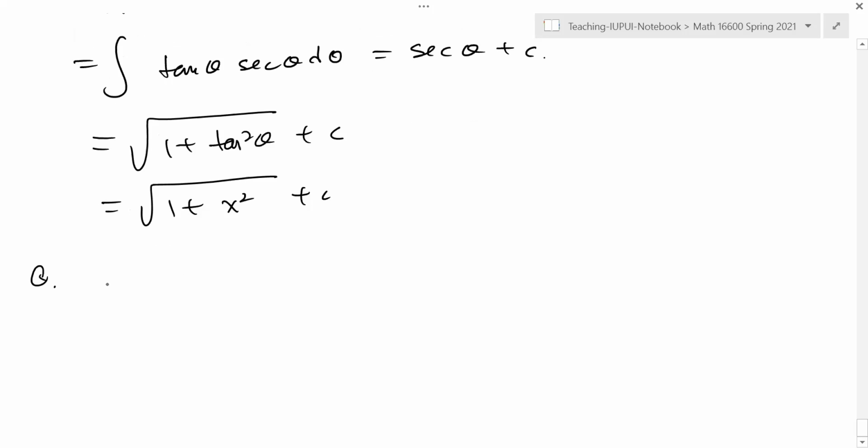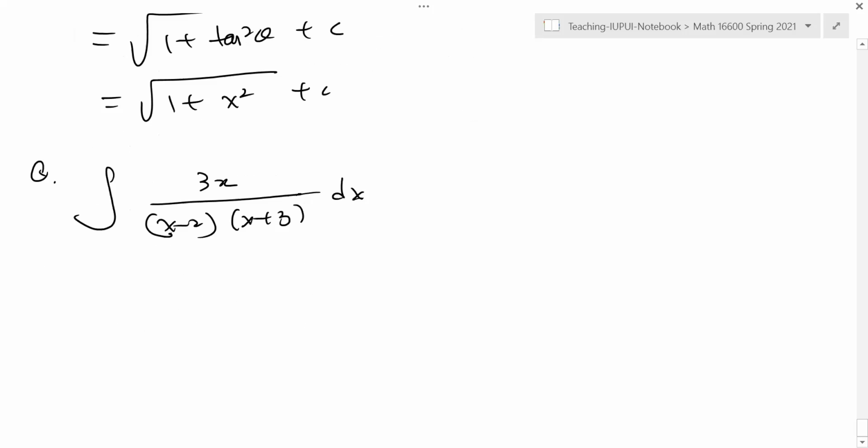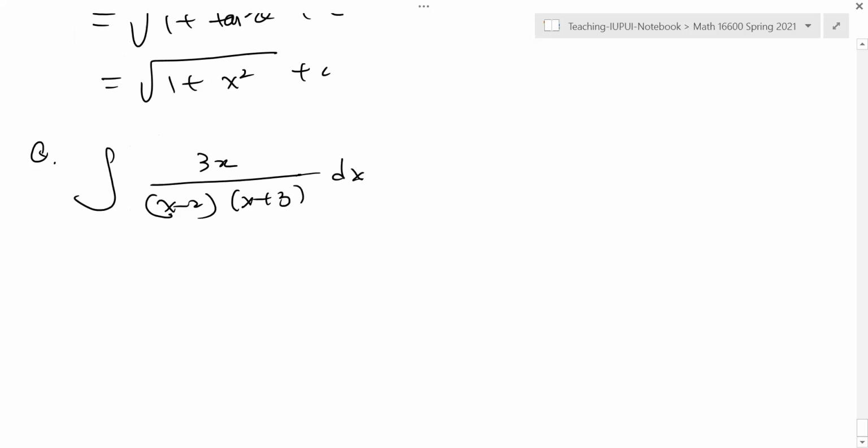Now we have the so-called integration by partial fractions. So we have something like this. We're trying to evaluate this integral. Now the degree of the numerator is less than the degree of the denominator.